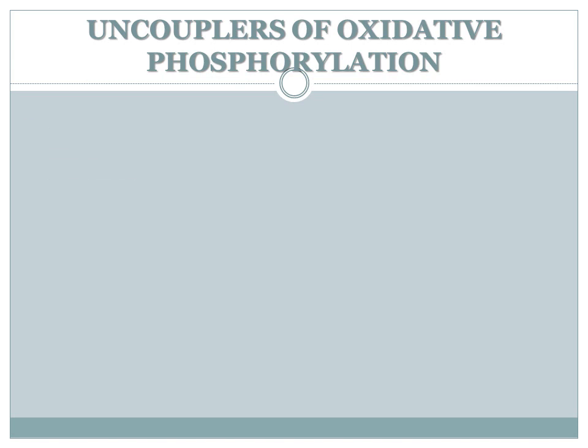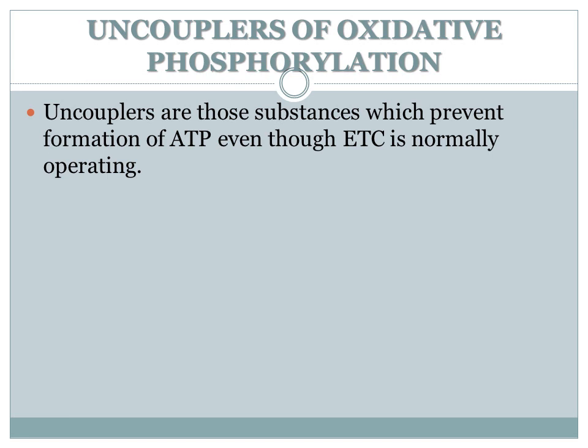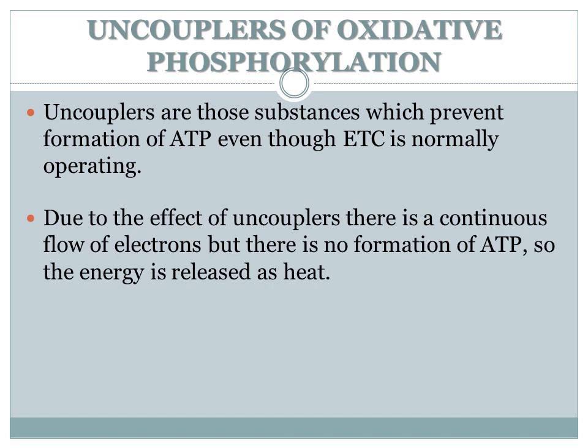The same sentence is given here: uncouplers are those substances which prevent formation of ATP even though the electron transport chain is normally operating. That means electrons are flowing normally, but no ATP formation. Due to the effect of uncouplers, there is a continuous flow of electrons, but there is no formation of ATP. So energy is released as heat.